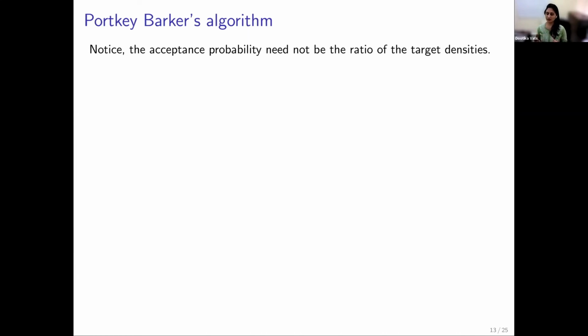So if we can't evaluate pi, the whole feature of Metropolis-Hastings and Barker's that the normalizing constant c cancels out, we don't need that feature anymore, because as it is, we can't evaluate the acceptance probability. So the acceptance probability does not really need to be a ratio of the target densities only. We can open it up to even involve these normalizing constants that we don't know, as long as we can generate Bernoulli factory coins.